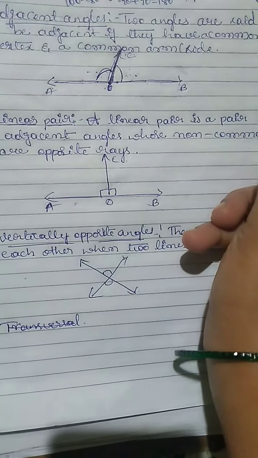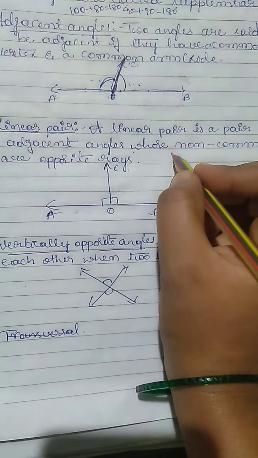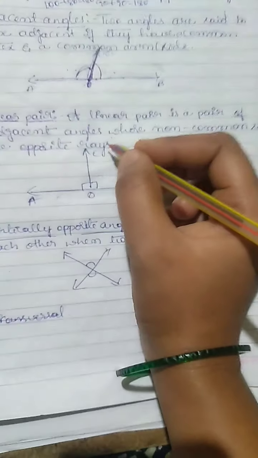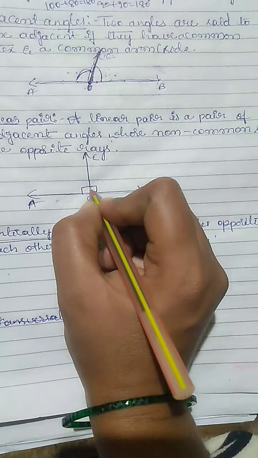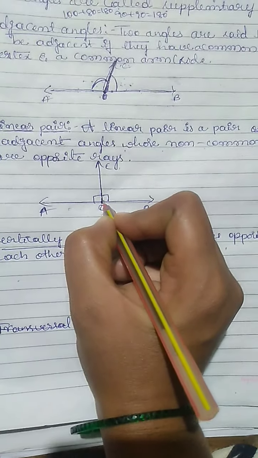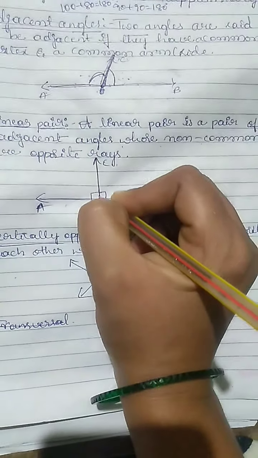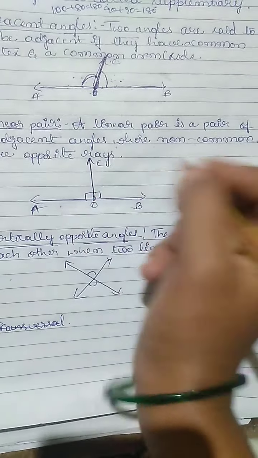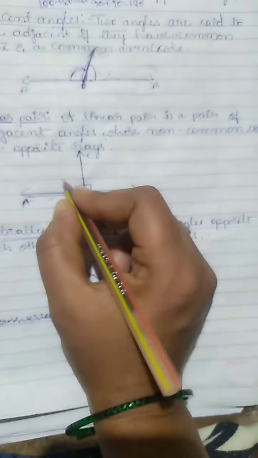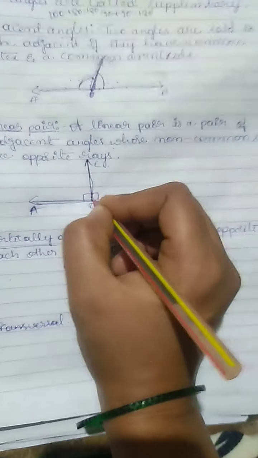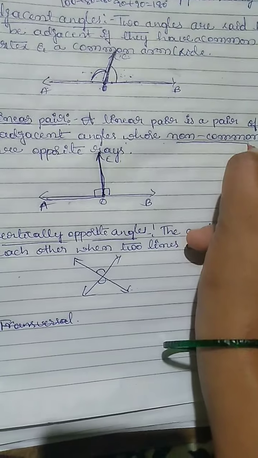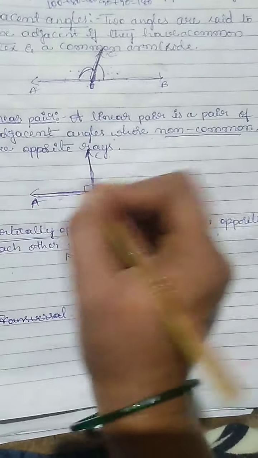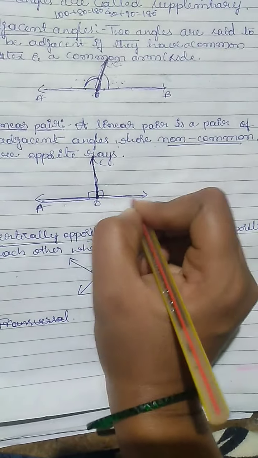Next one is linear pair. A linear pair is a pair of adjacent angles whose non-common sides are opposite rays. A linear pair is an adjacent angle pair. See, adjacent means it must contain a common vertex and a common arm. This is the common arm, OC. Non-common arms mean these two, OA and OB.